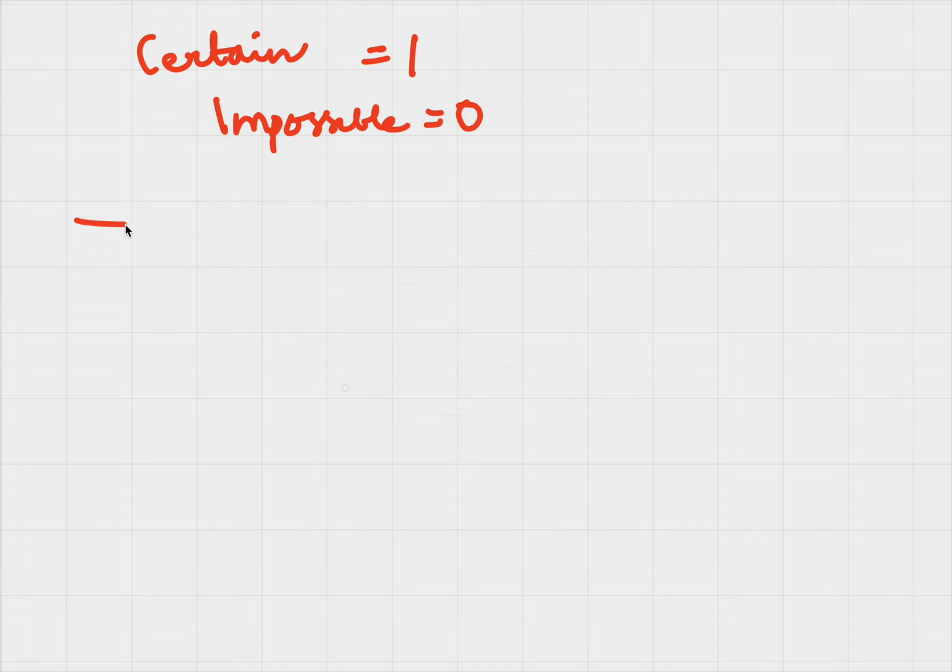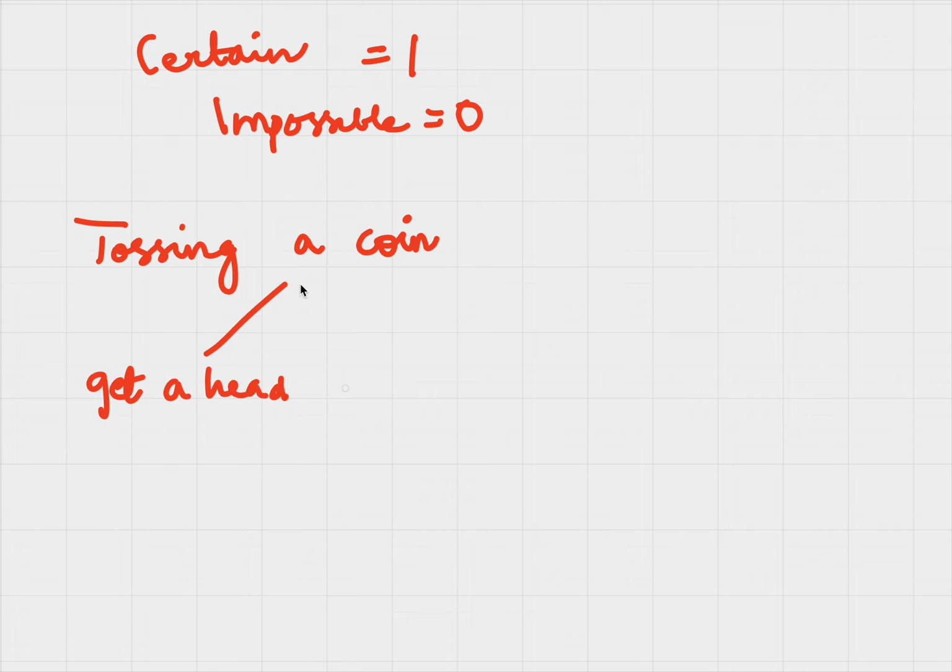Now let's see another example. We are tossing a coin, and I am asking what is the probability of getting a head. So what are the two chances that you have? We might get a head, or we might get a tail.